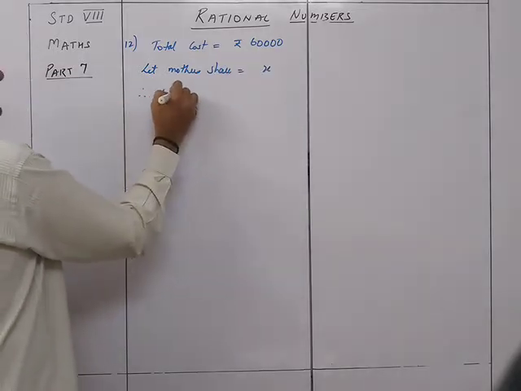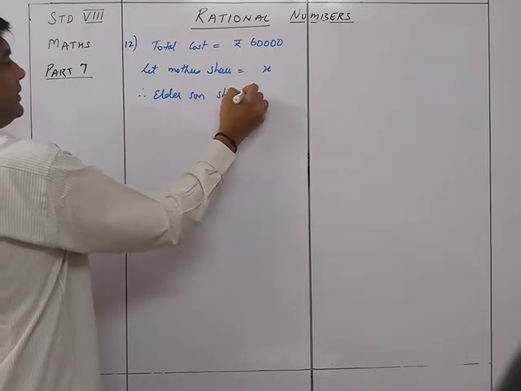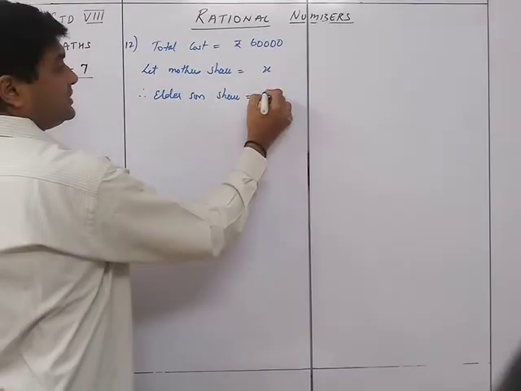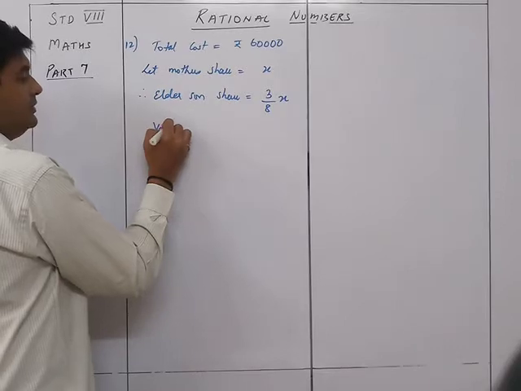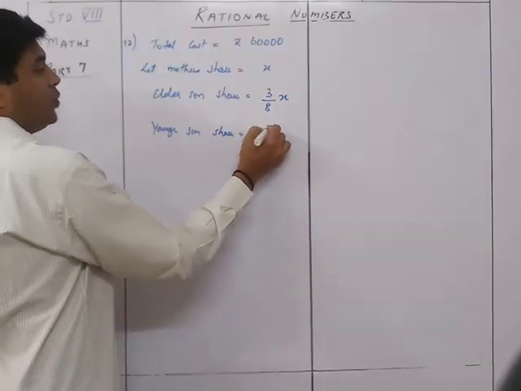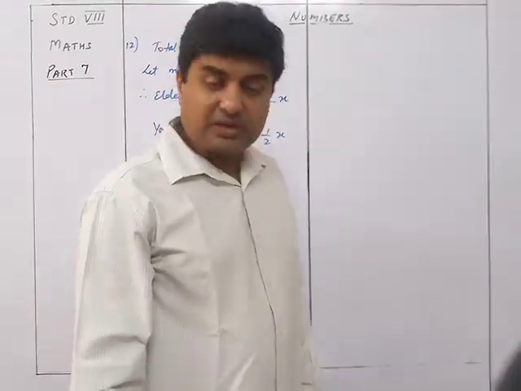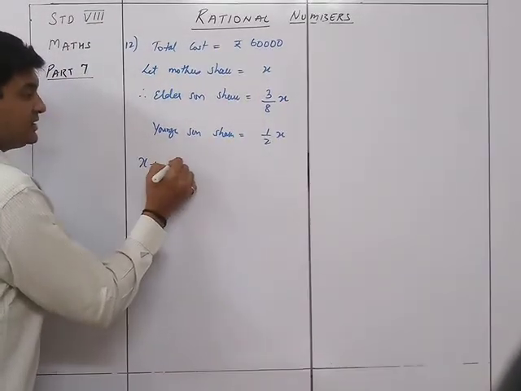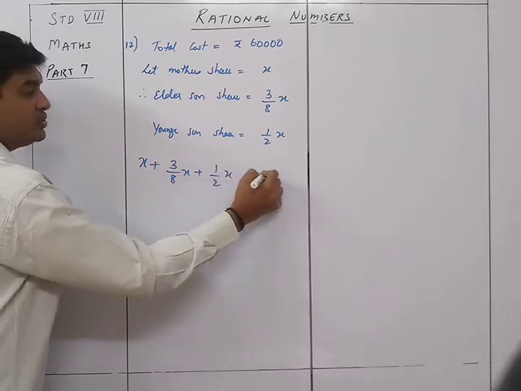Therefore, elder son's share is equal to rupees, how much? It's 3/8x, and younger son's share is equal to 1/2x, because he gave half of the mother's share. So accordingly we have that x plus 3/8x plus 1/2x is equal to 60,000.